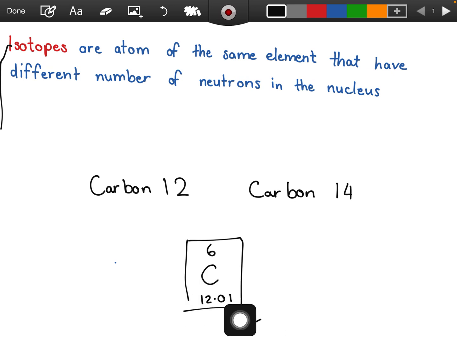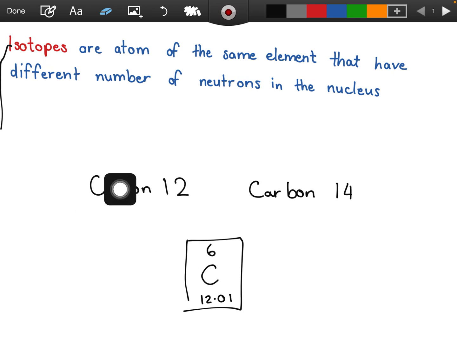Okay, so usually it means that, again, we're not going to have 0.1 neutrons in the nucleus, but what can we decide? Why is it so much closer to 12 than it is to 14? The reason for this is that usually when we come across carbon, it's carbon 12.